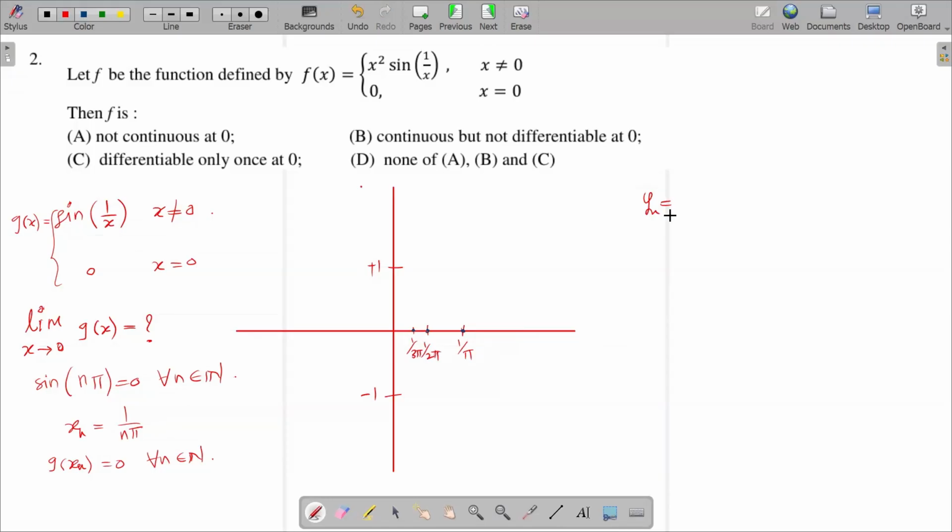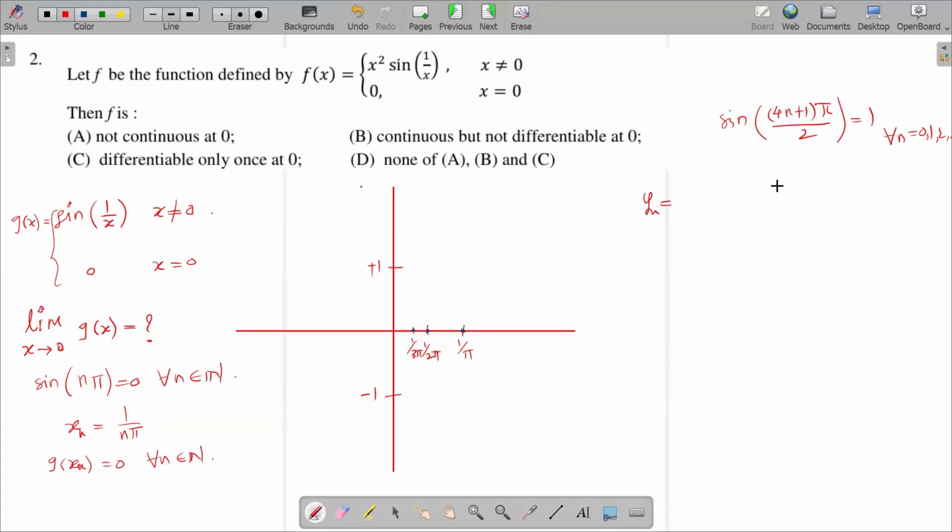But on the other side, if I look at y_n, when is sine equal to 1? We can adjust that. Sine of 4n plus 1 times pi by 2 is 1 for all n equal to 0, 1, 2, and so on. Sine pi by 2 is 1, sine 5 pi by 2 is 1, sine 9 pi by 2 is 1, and so on.